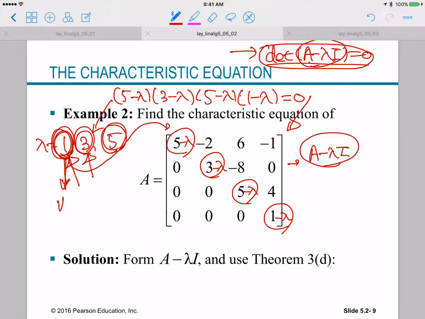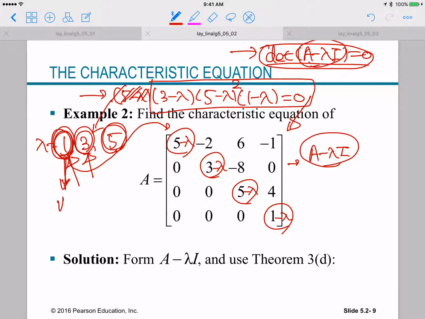Okay, and here your equation looks like this, and since we have this factor 2 times, I'm going to put the square sign here, and this will be your characteristic equation. First of all, how many solutions do you have in this equation? 4.